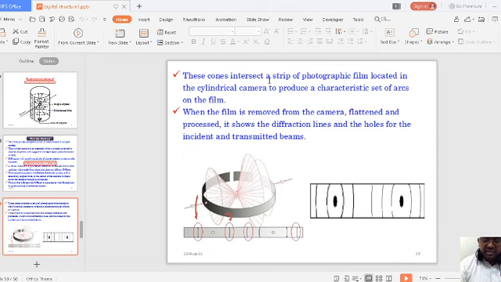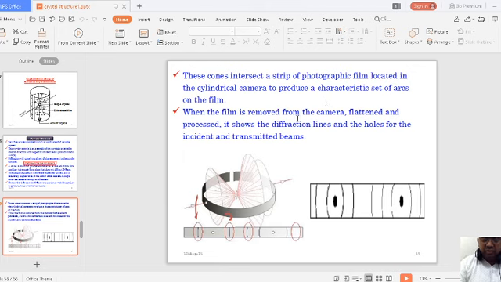You know that wherever we find a camera, that camera will have a photographic film. When you incident the X-rays, they will be scattered and you'll get a pattern. That pattern has been shown here, producing a characteristic set of arcs on the film.